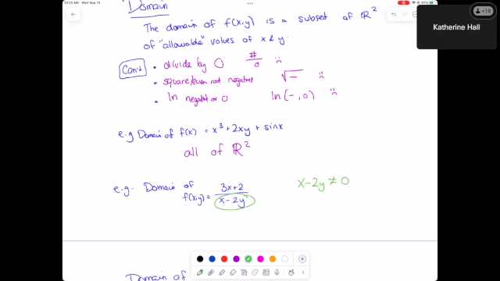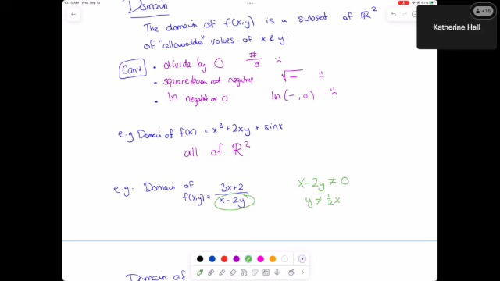When I'm picturing graphs of functions in 2 dimensions, I like to think about y equals, because I know how to graph those the best. So I'm going to move some stuff around and say y is not equal to 1/2 x.